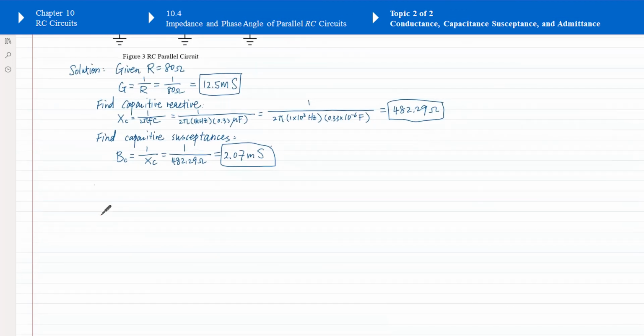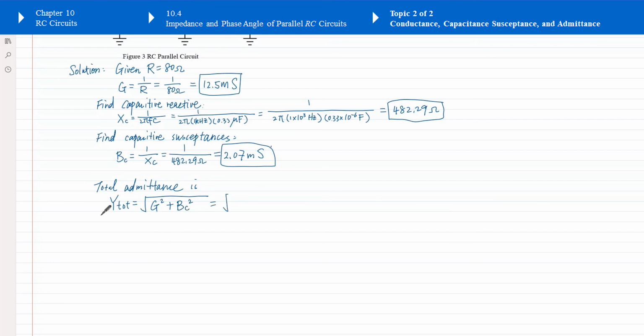Now we are ready to find the total admittance. So the total admittance is Y total equals the square root of G square, the conductance square, plus the capacitive susceptance square, BC square.